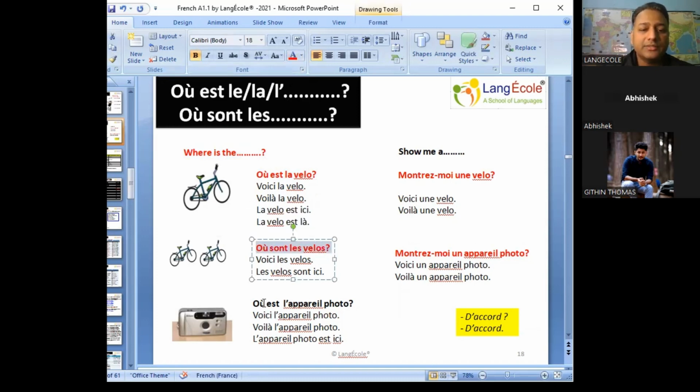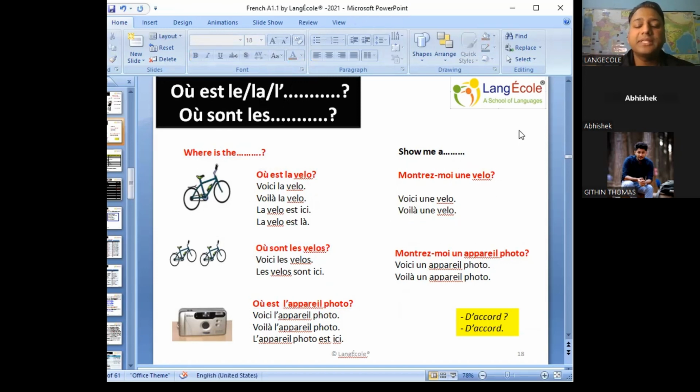So these 4 questions that you have learned, 2 questions in the previous slide, and this question and this question, I'm putting them here because the answers to these questions can be given using the articles, definite or indefinite. In this case, we are using definite articles.